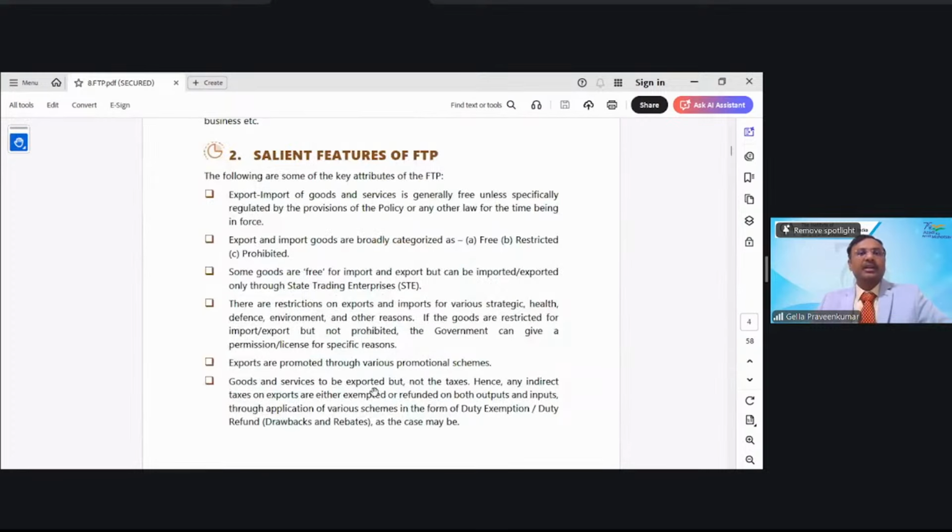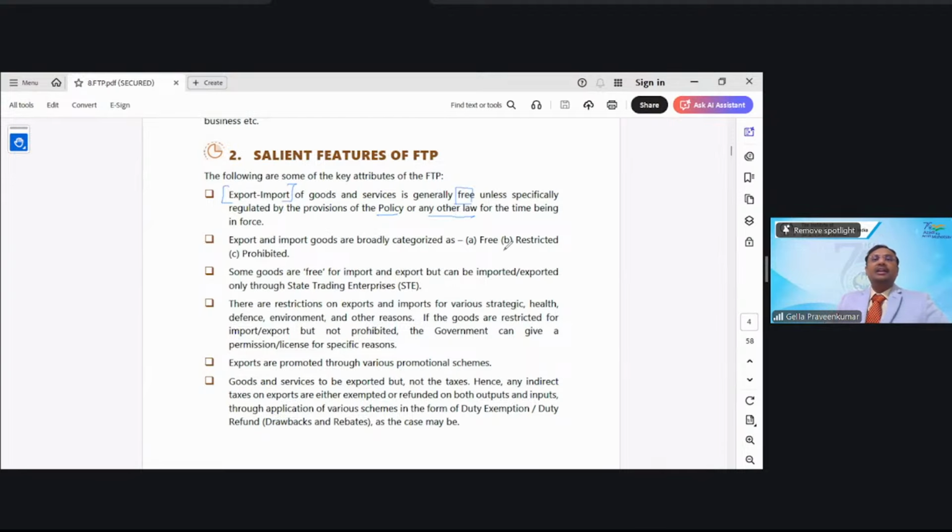Import and export of goods and services are generally free, unless specifically regulated by the provisions of the policy or any other law for the time being in force. So they say that you have imports, you have exports.